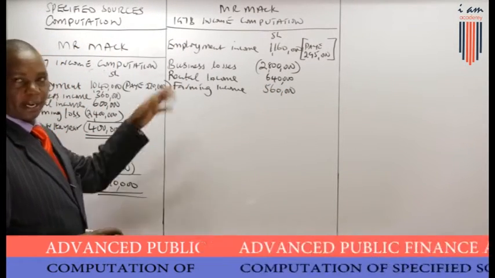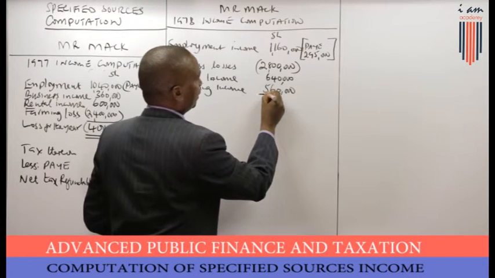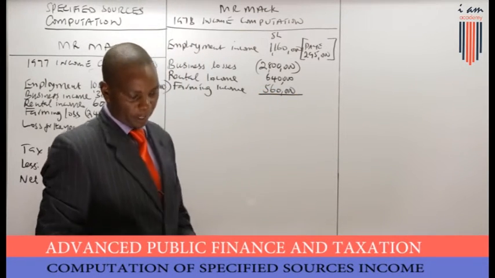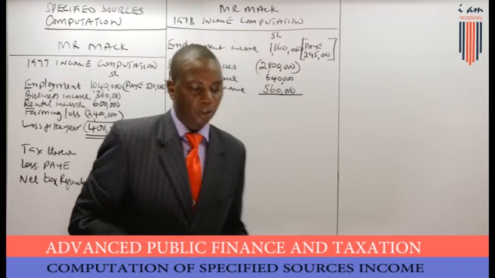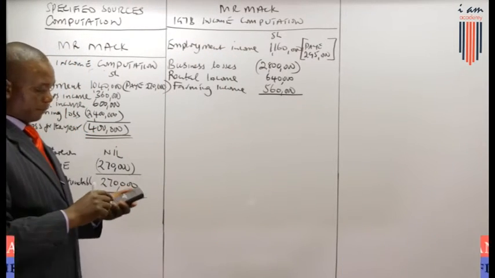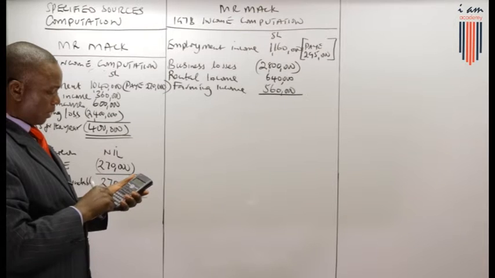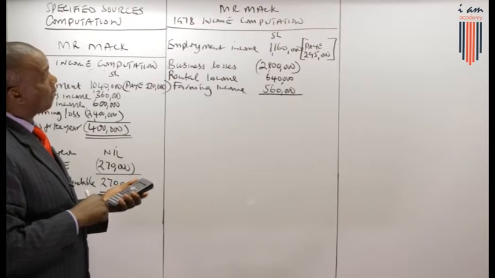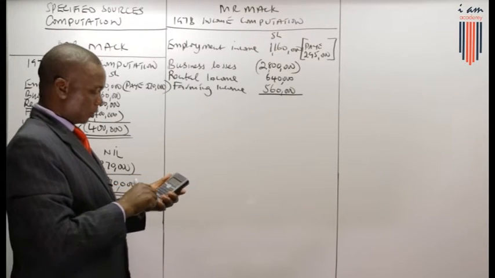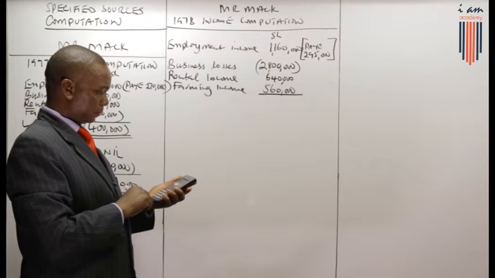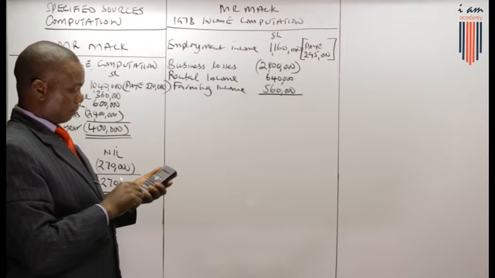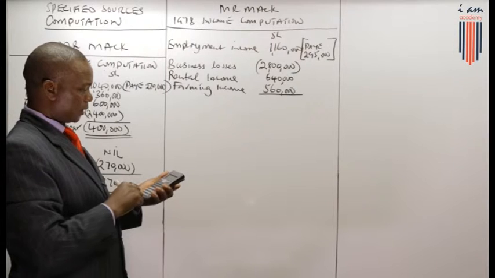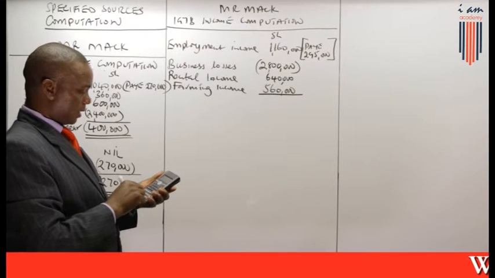So we would again take the total. We gross up the amounts to see what we have. So we have 1,160,000 minus a loss of 2.8 million plus 640,000 plus 560,000.